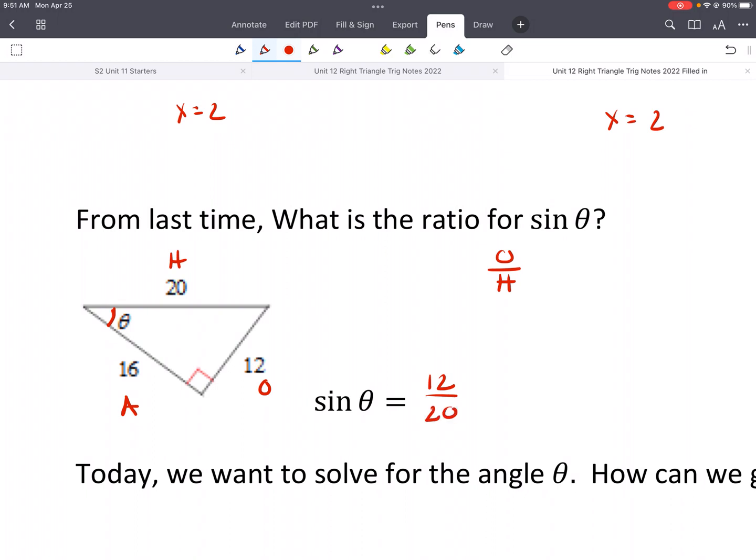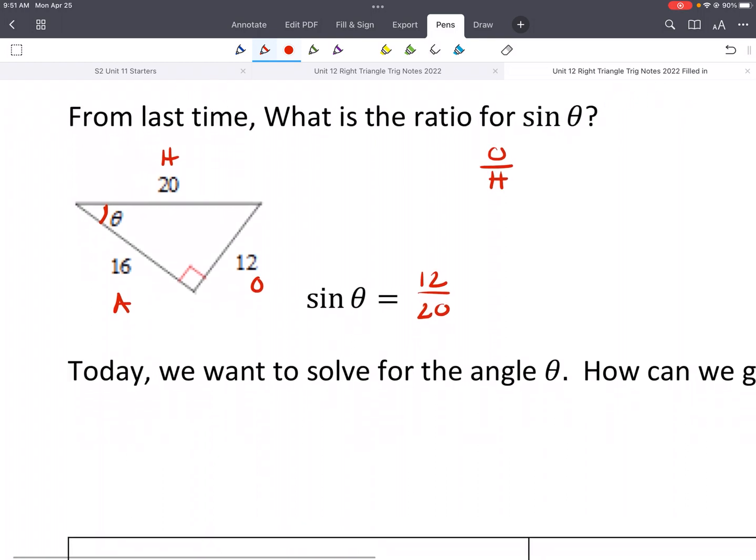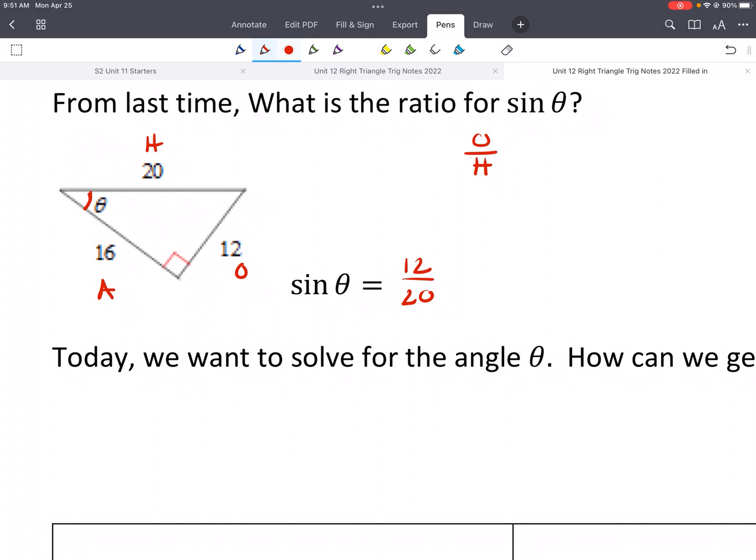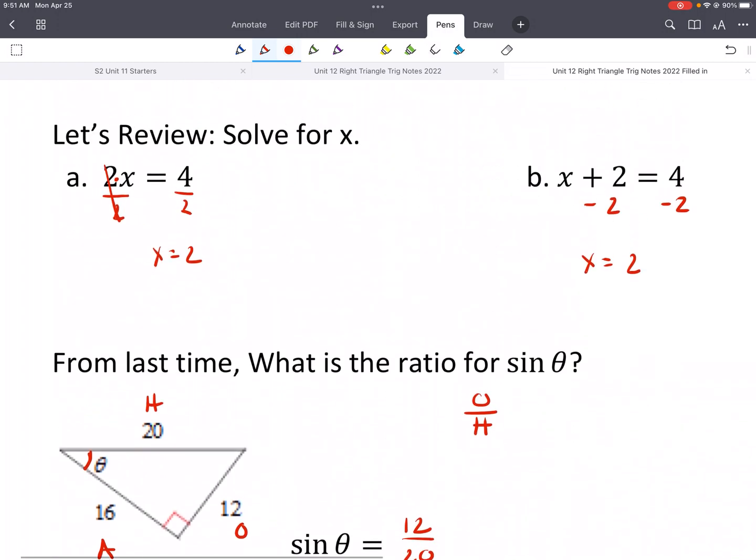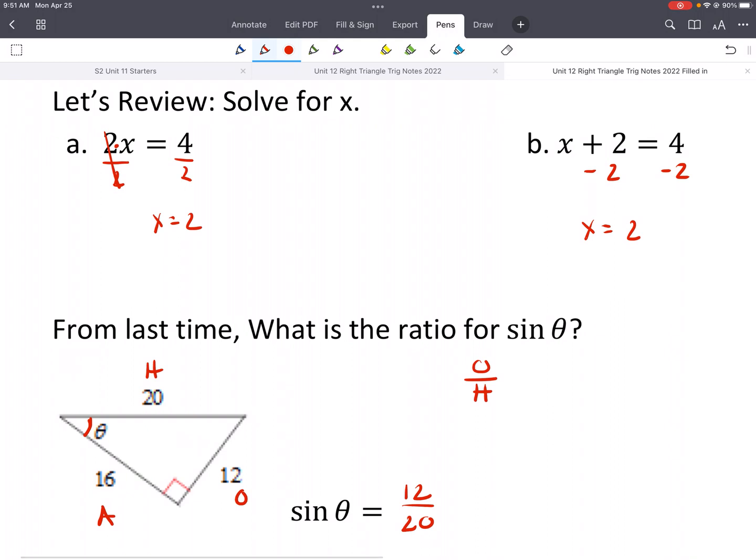And we would simplify that ratio. Okay? But today what we're going to do is we're going to try and solve for theta. Find that angle, that reference angle. Okay? So it's very similar to what we did above, where we used inverses.